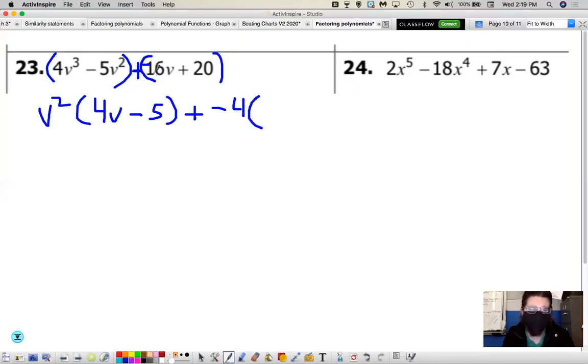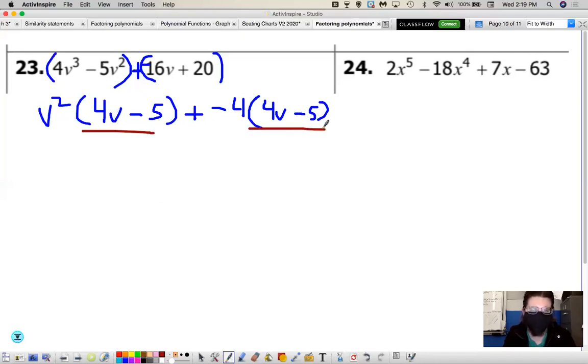That's going to be with a positive 5v, or sorry, 4v. Let's look at the 20. Positive 4v minus, because it's a negative we're factoring out, 5. Oh, look at that. Same thing.